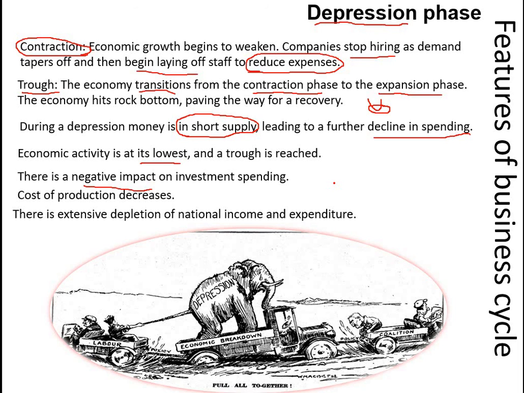So, in conclusion, there is extensive depletion of national income. Obviously, where would the government get money if businesses are closing, if people are not working? If people are not working, there is no income for the government. Remember, we must pay what? Tax. We cannot pay tax because we are not working.